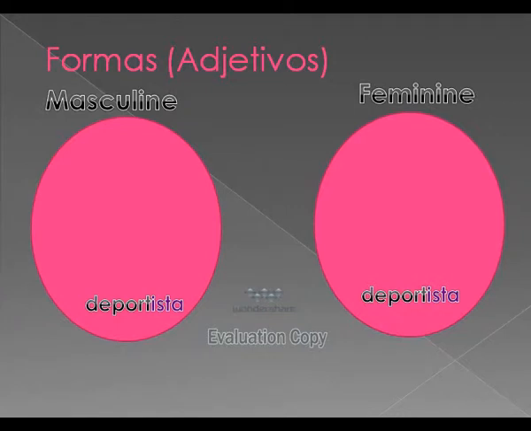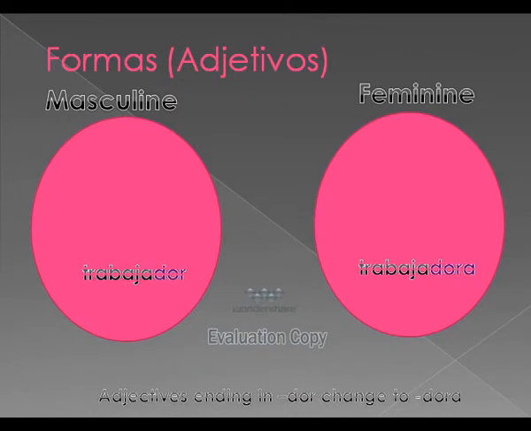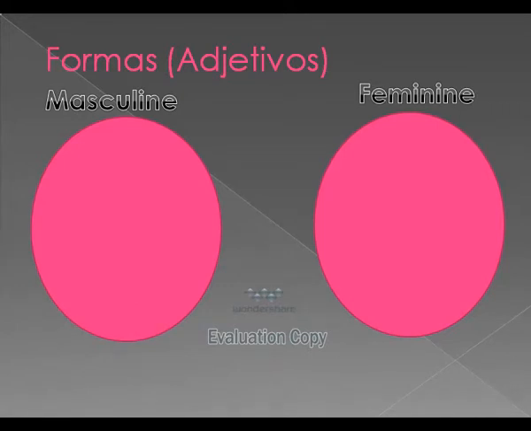The ista ending, look at the purple, does not change. Doesn't matter if it's masculine or feminine. It's a weird one. It's an exception. When you have an adjective ending in DOR, you don't need an O with the masculine form. But with the feminine form, you do add an A. So we have trabajador and trabajadora. And now we know about the gender of adjectives.